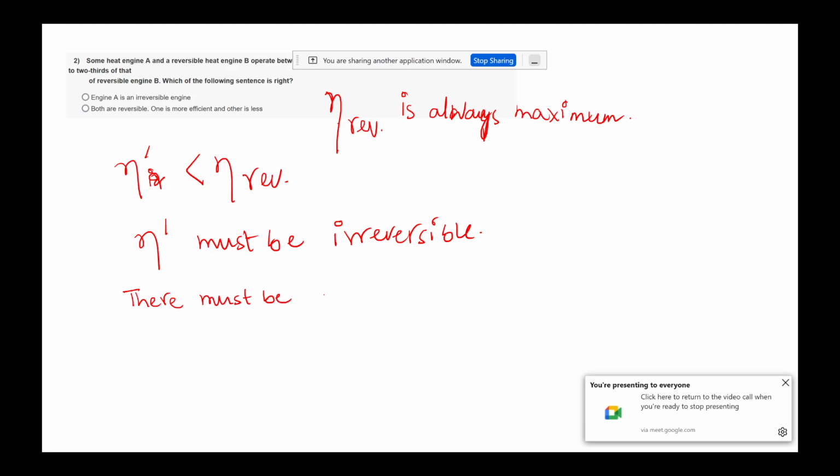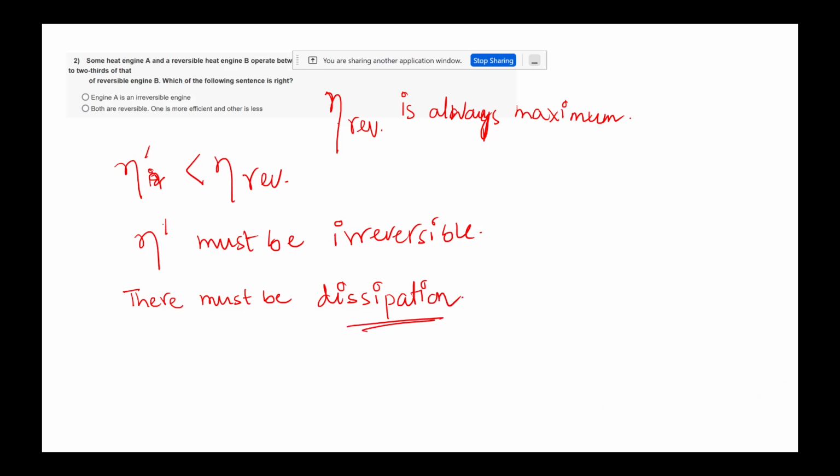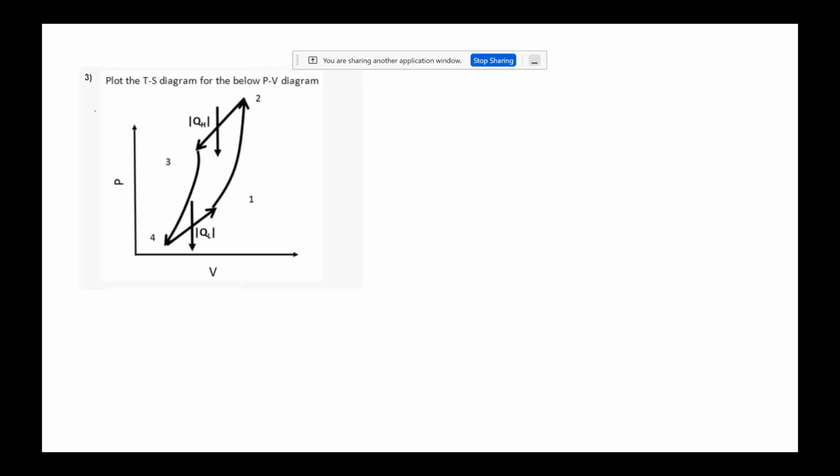There must be dissipation. So engine A is an irreversible engine.